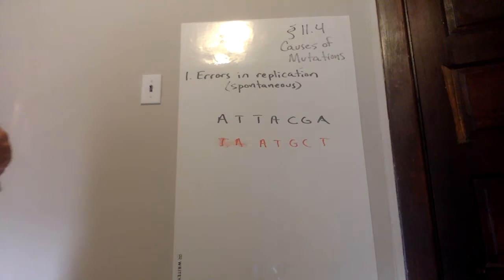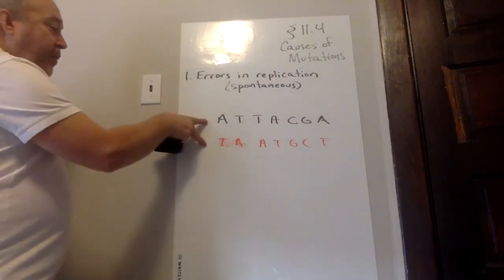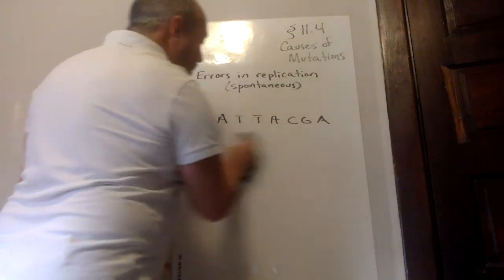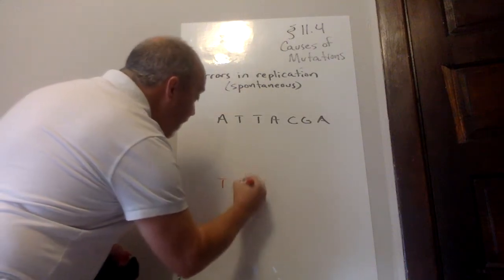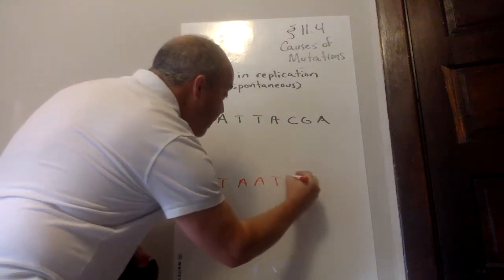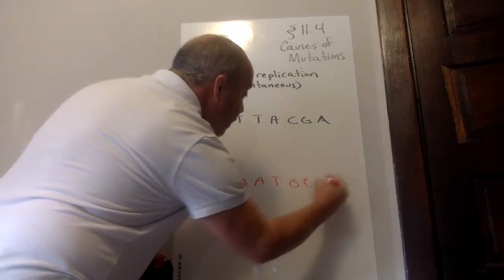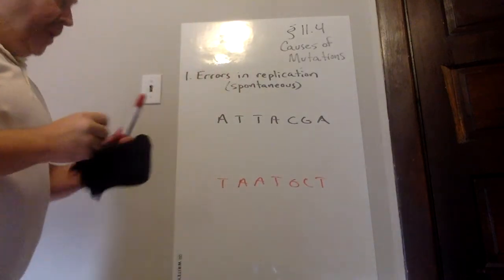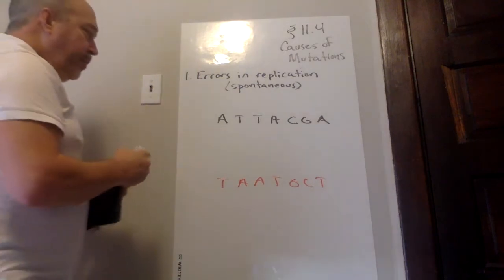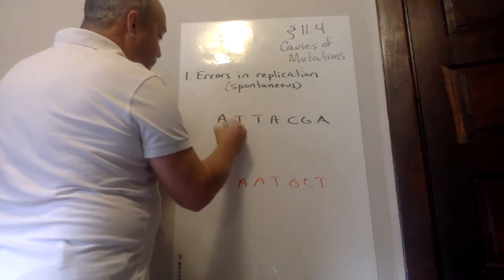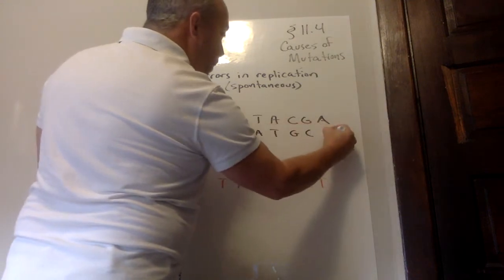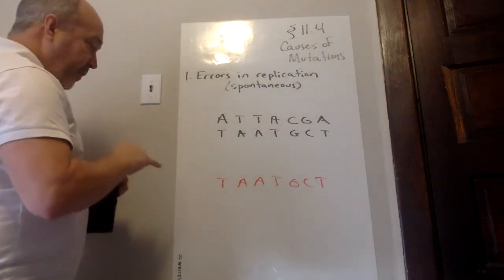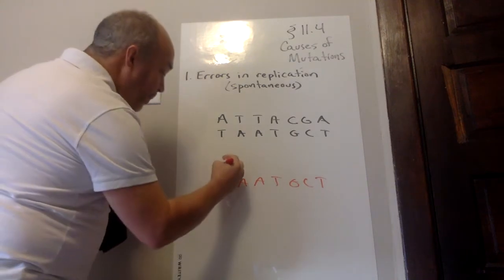And then during DNA replication, these two strands will split, and they will become the templates of two new strands. So let's rewrite that, showing the split. And complementary base pairs will come into each.